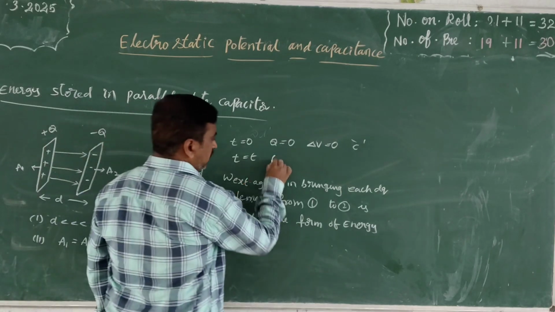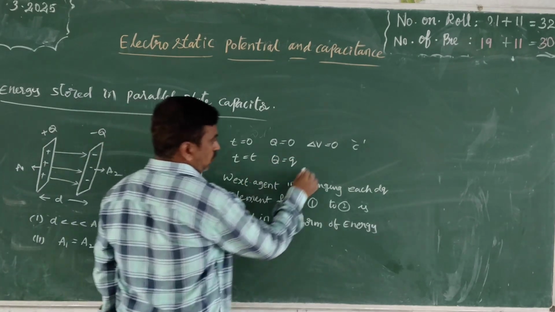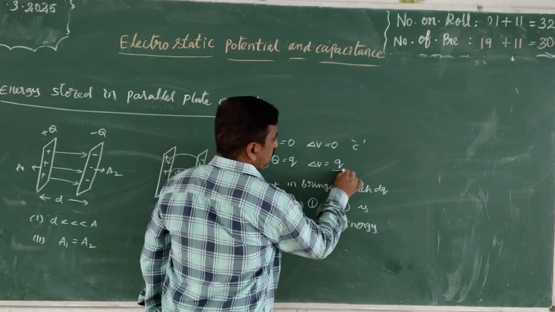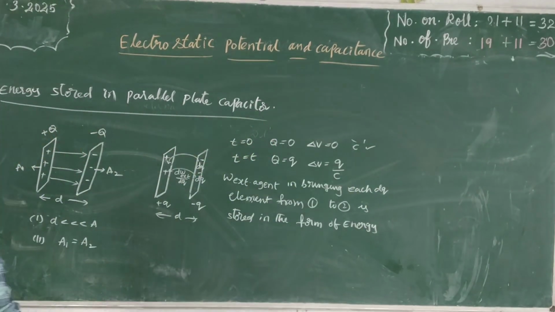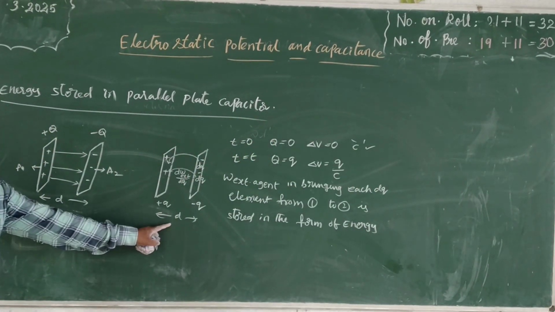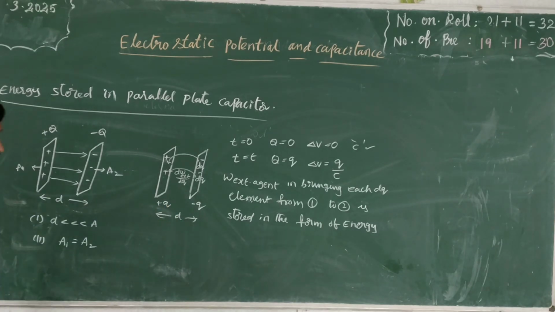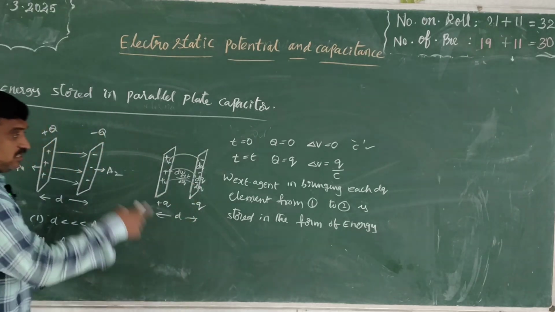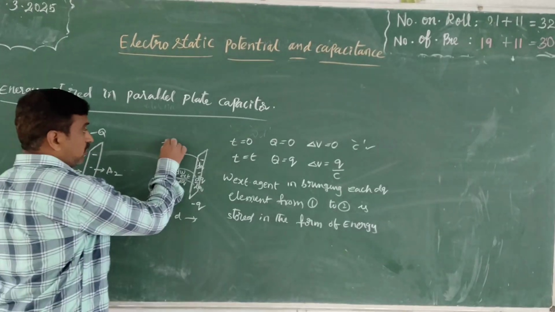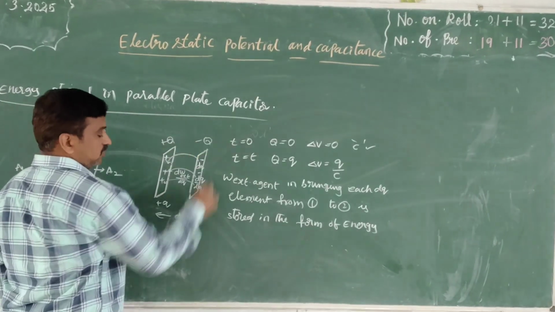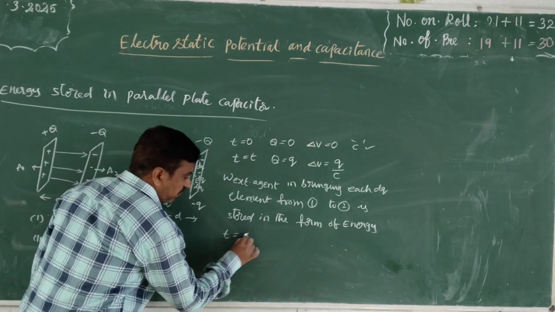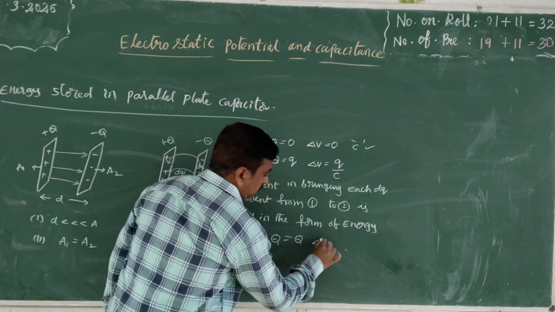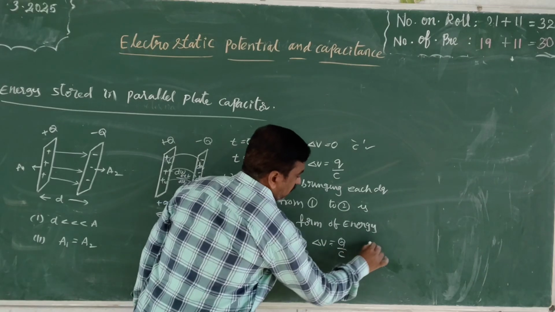After time t, the charge is q, so the potential difference is q by C, where capacitance is C. Again you can take a dq charge and store it here, plus here, minus here, and like this it takes place, up to plus q here and minus q here. At t equal to infinity, the total charge is Q, the potential difference is Q by C, and the capacitance is C only.